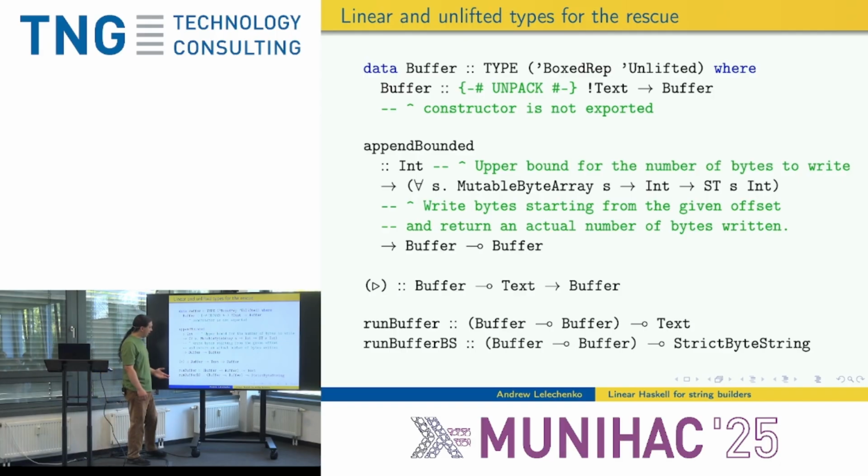You need to produce some linear function from buffer to buffer, and this magical function will basically pass an empty buffer here. It will obtain a result, and then it will go inside and extract this text. So you can see there is very, very little overhead here. This is just data, no functions here. And this is doing pretty much nothing.